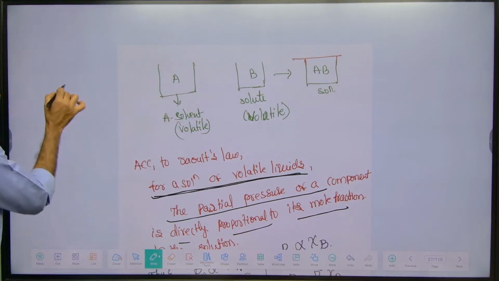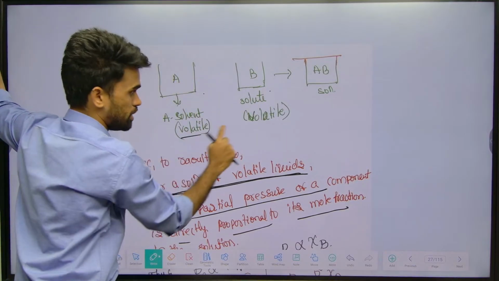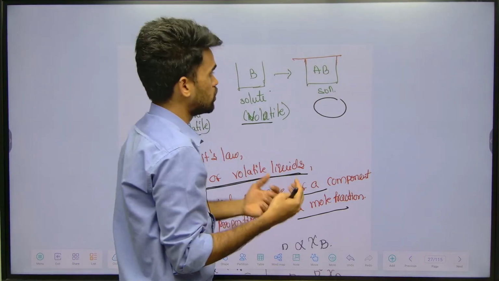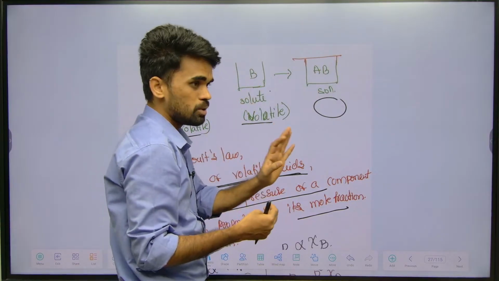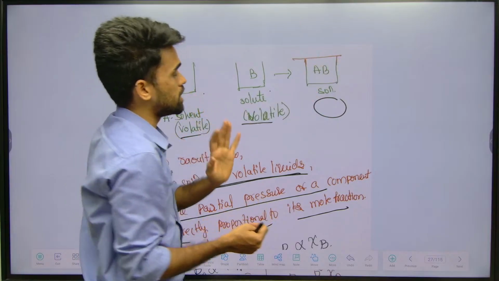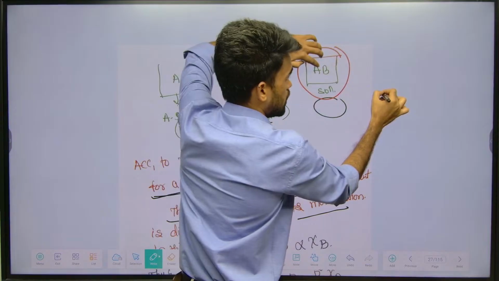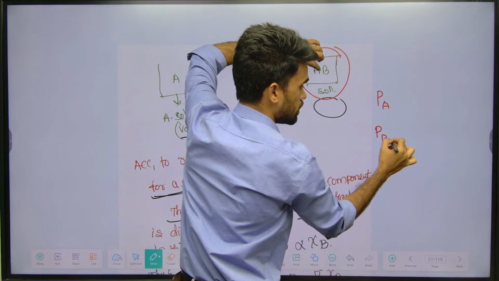Now, see, volatile solution, both of them are volatile, I mentioned. Then the solution is also volatile now. We don't know whether it will be more volatile or less volatile than their components, we don't know, but this is also having volatility or not? Yes. So now in the solution, we have A and also we have B, yes or no?